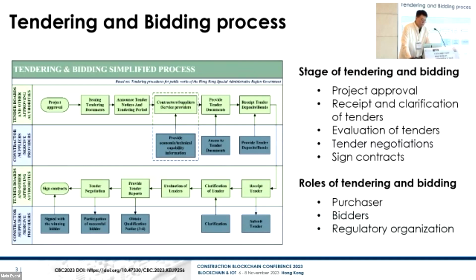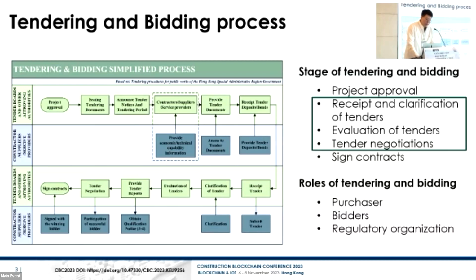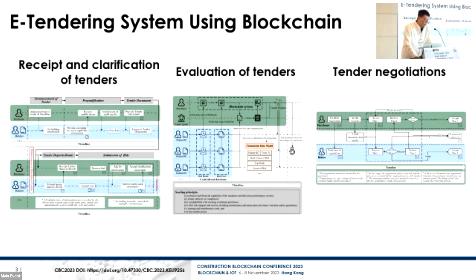After all these stages, the signed contract happens between the winning bidder and the purchaser. We found that in these three stages there is complex information exchange, and we need to make sure the information exchange between the different members is traceable, so that the process is secure and legal. So we built an e-tendering system using blockchain for these three stages.